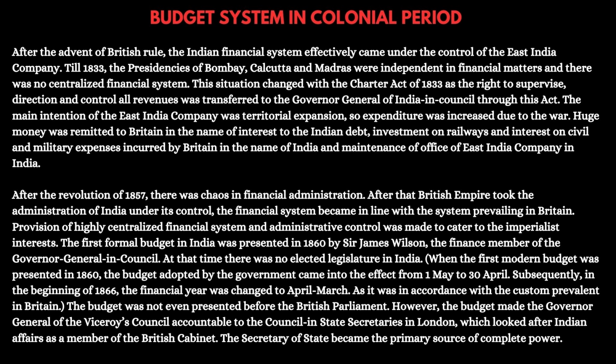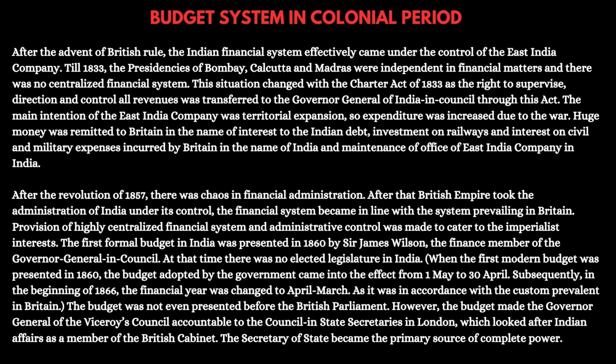The main intention of the East India Company was territorial expansion, so expenditure increased due to the wars. Huge money was remitted to Britain in the name of interest on the Indian debt, investment in railways, interest on civil and military expenses incurred by Britain in the name of India, and maintenance of the office of the East India Company in India.